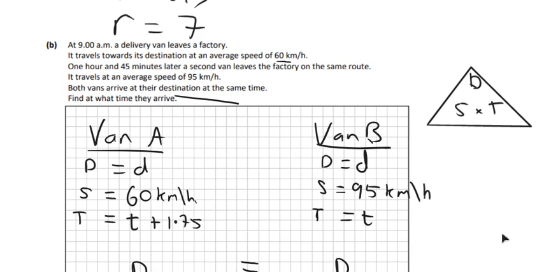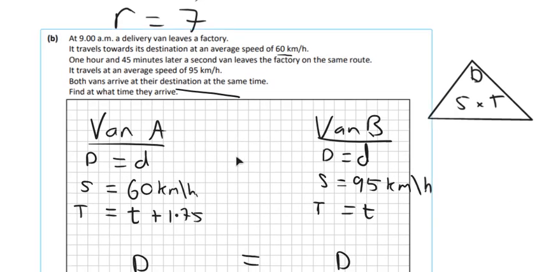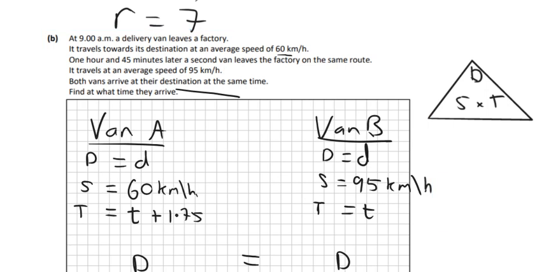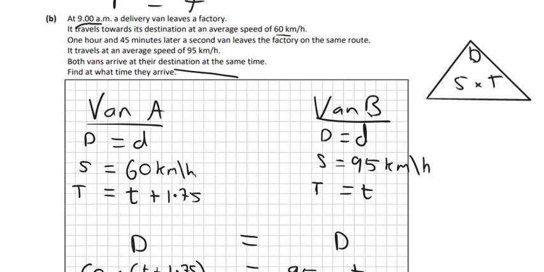So remember, van A left at 9 o'clock, and then an hour and 45 minutes later, it took another 3 hours, because we worked out that T was 3 hours.